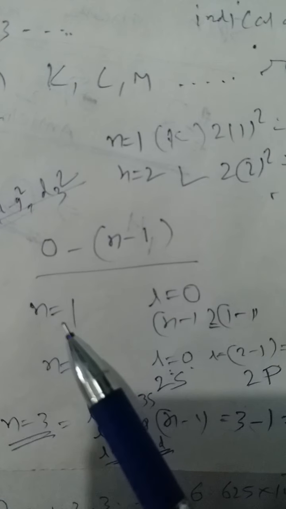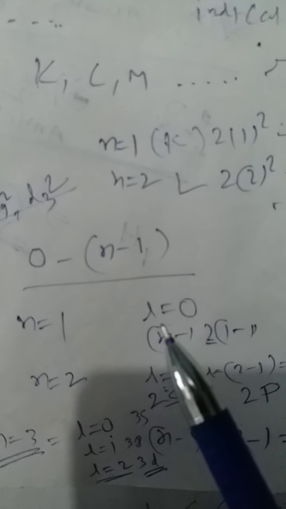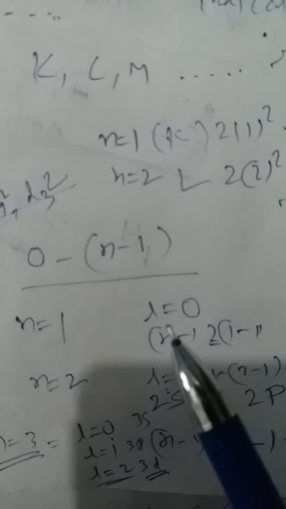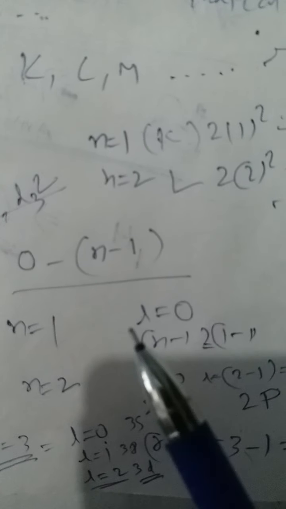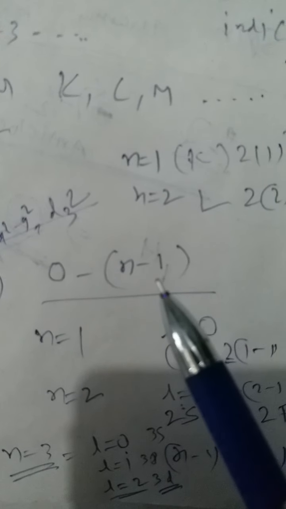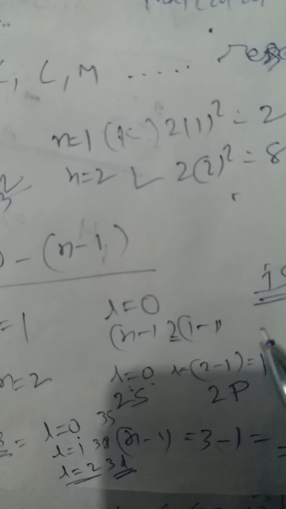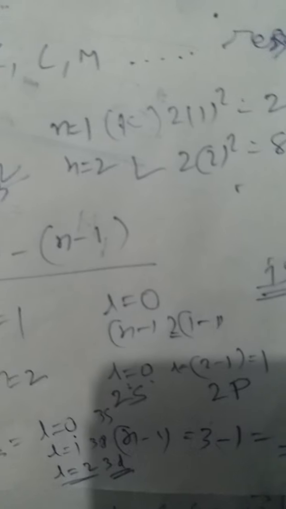The n equal to 1 stationary orbit has only one substationary orbit, with L equal to 0. Why? Because L value starts with 0 and ends with n minus 1. L equal to 0 means the 1s orbital, and so on. Okay, this is about quantum numbers.